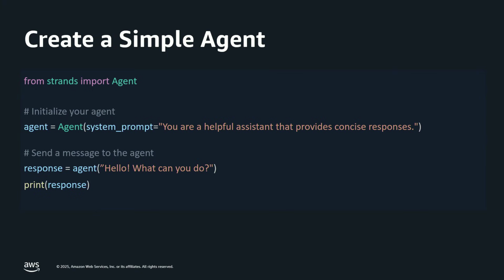Let's look at what a simple agent looks like with the Strands framework. First thing we need is a prompt. So we define, invoking the agent class, a system prompt, just saying you're a helpful assistant, you provide concise responses. Now, what you don't see here is a model defined, right?